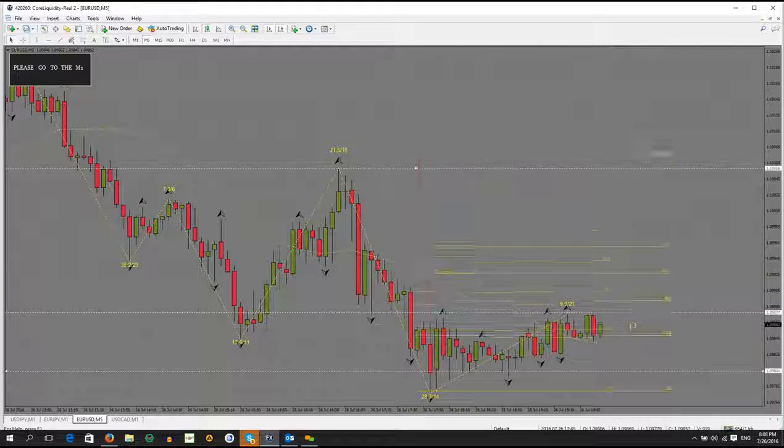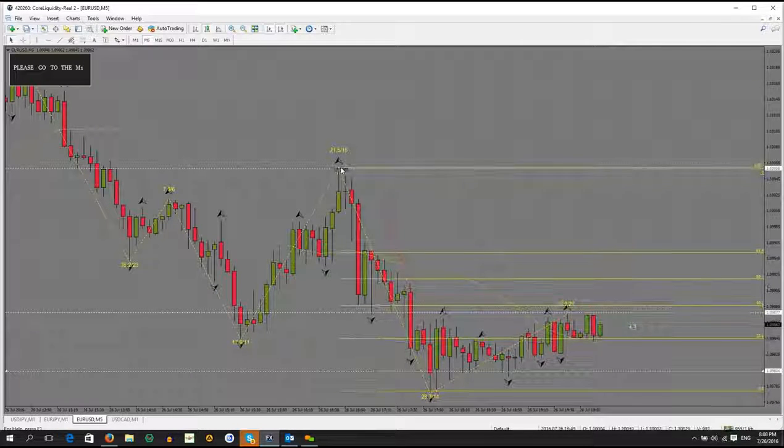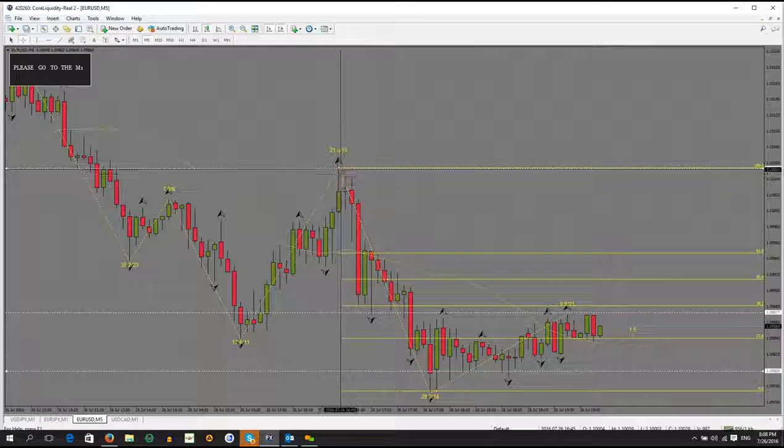So keep this in mind, because in the next steps of our strategy we're going to implement Fibonacci levels, but to understand it we have to take it step by step.